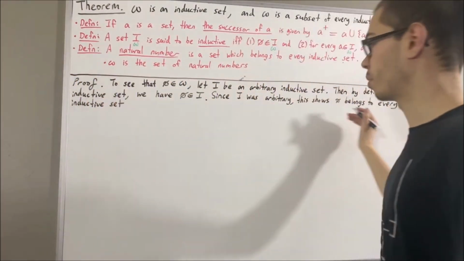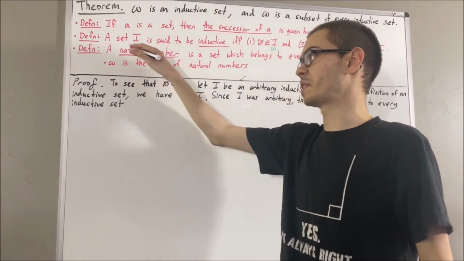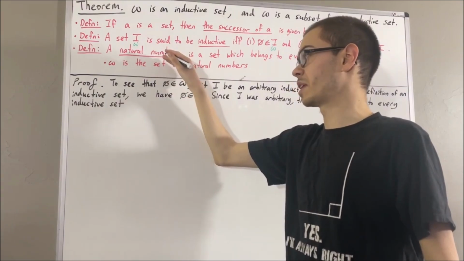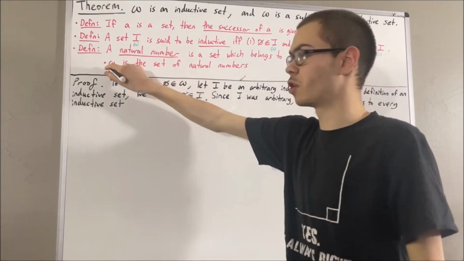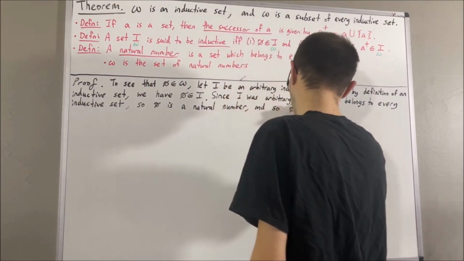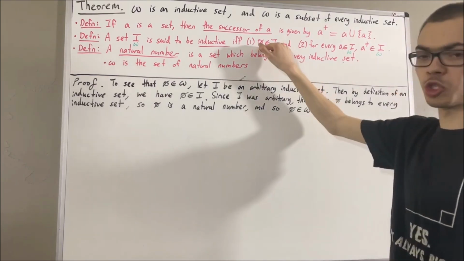And because the empty set belongs to every inductive set, by definition, that means the empty set is a natural number. And since the empty set is a natural number, that means the empty set must belong to the set of natural numbers, omega. So that shows the empty set is an element of omega, so the first condition is true.